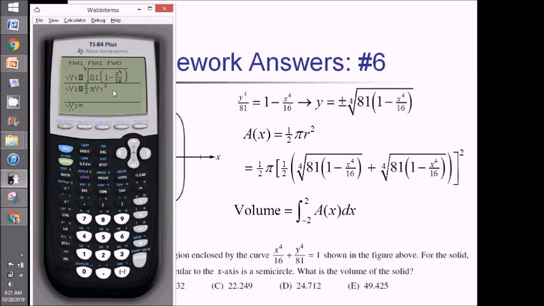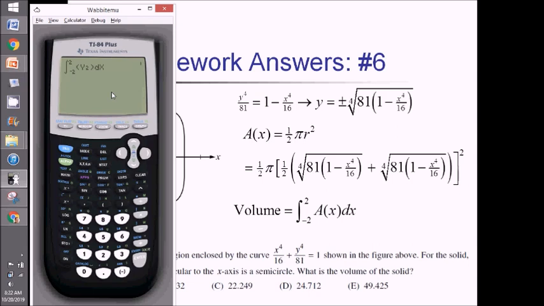Let me go ahead and take the integral of all this. So let me escape, and I'm going to do Math 9, integral from -2 to 2. y2 is where I just stored that crazy area function, dx, and press enter and hope for the best. So it's taking a while to think about this. We'll give it a moment here.